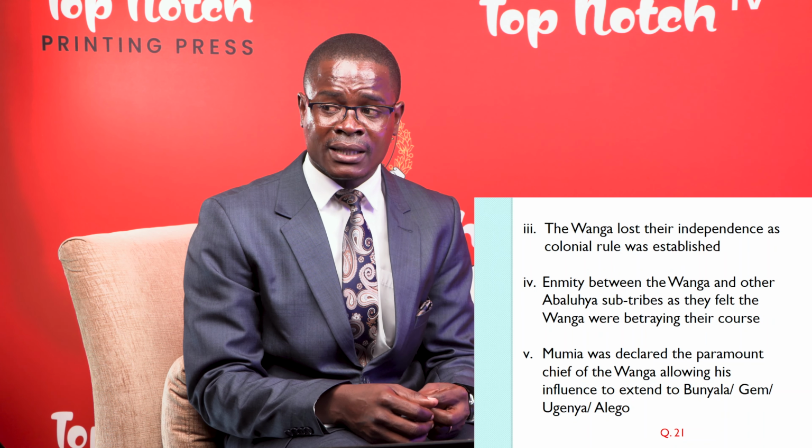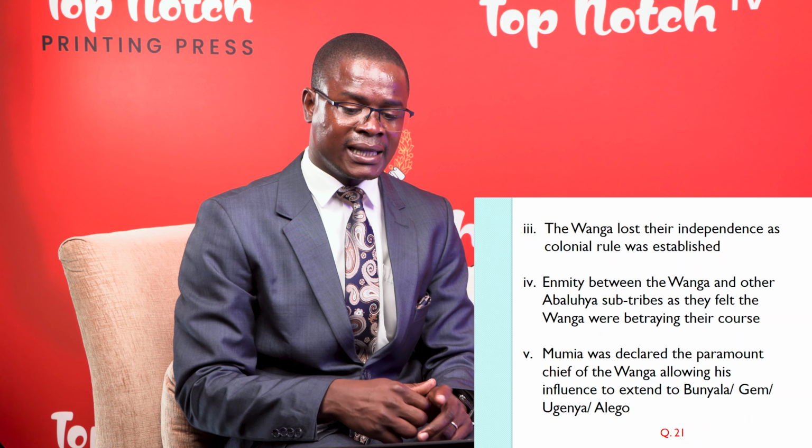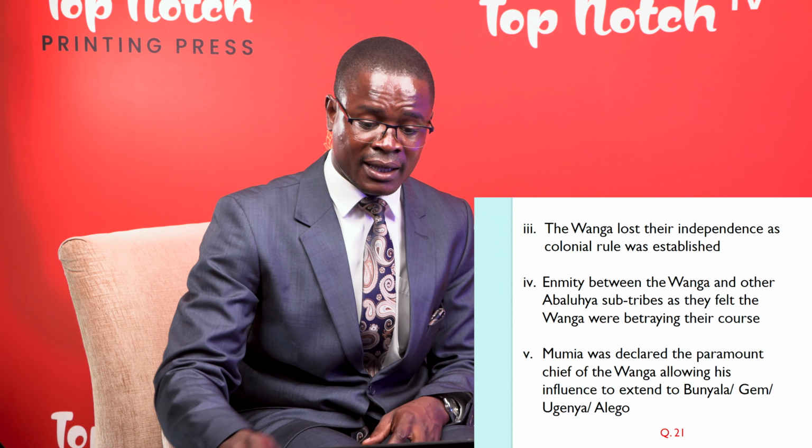Animosity arose between these different sub-tribes. Then Mumia was declared the paramount chief of the Wanga, allowing his influence to extend to Bunyala, Game, Ugenya, and Alego. So our key point there is Nabongo Mumia being declared paramount chief.